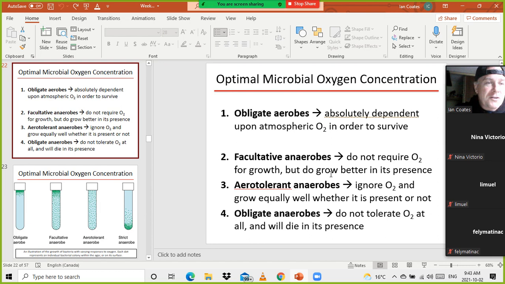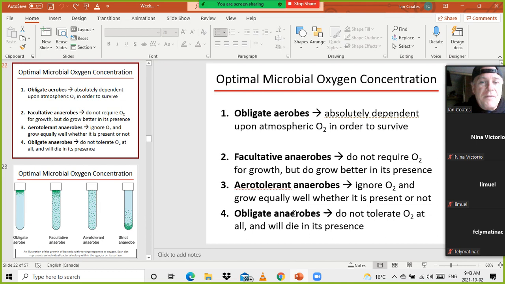So you just look at the genetic variability that they can produce, resistance. It's incredible. Some of them need oxygen, some of them don't need oxygen, some of them don't need oxygen but do better in oxygen. Crazy. Aerotolerant anaerobes ignore oxygen and grow equally well whether it is present or not.